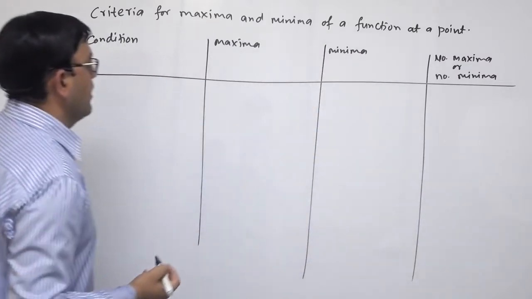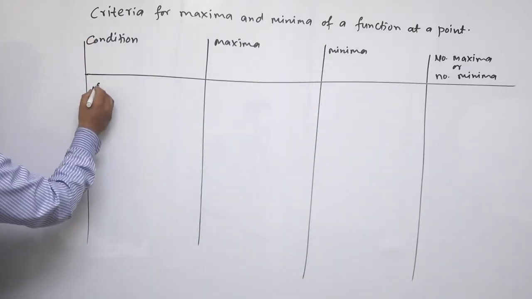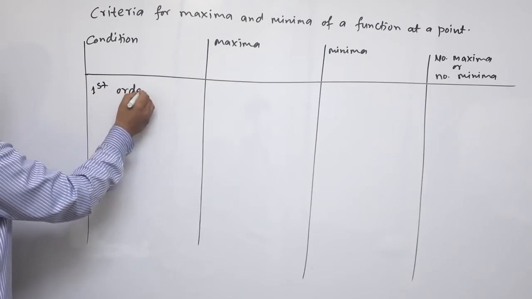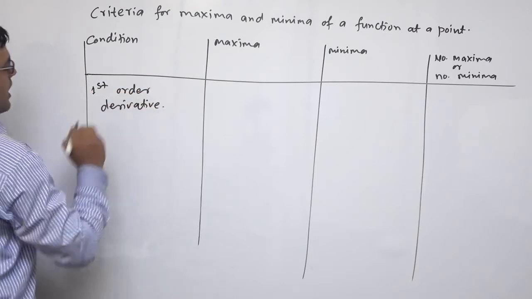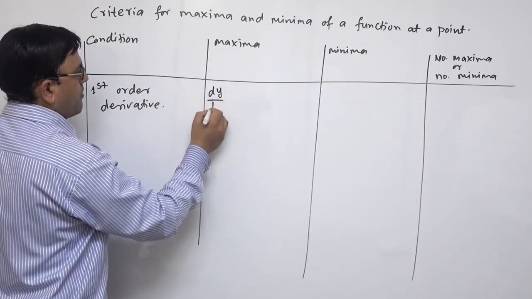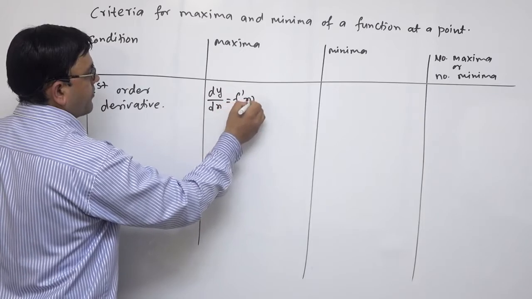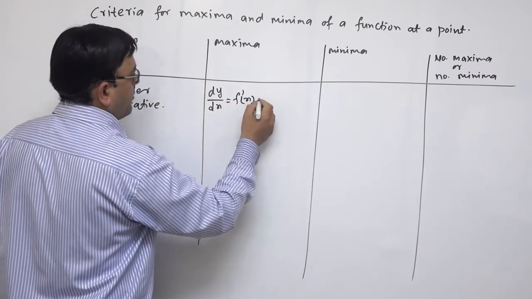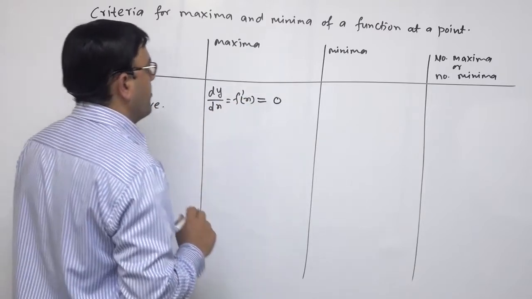अब हेरौं है त हामी फर्स्ट अर्डर डेरिभेटिभ मा सबभन्दा पहिला हामी हेर्छौं फर्स्ट अर्डर डेरिभेटिभ भन्ने बित्तिकै dy by dx, we write f dash x, and this is equal to 0 for maxima.